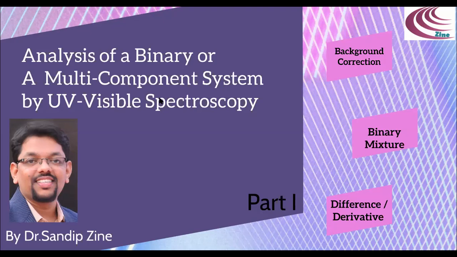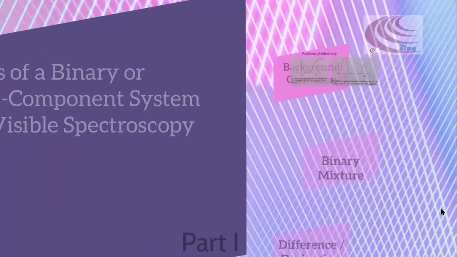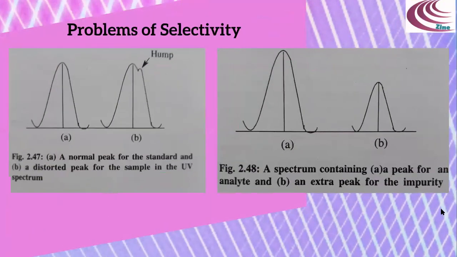Moving forward, we will explore the concept of problems of selectivity. The simplest way of checking whether the system under investigation is really a single component system from the spectrometric aspects is to record the spectra of the pure component.